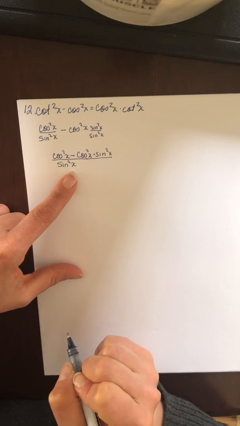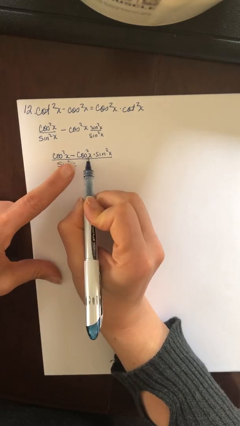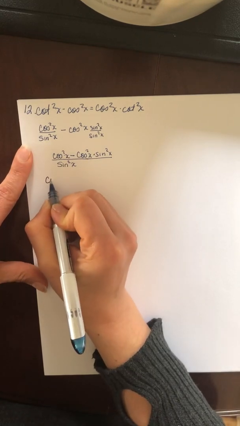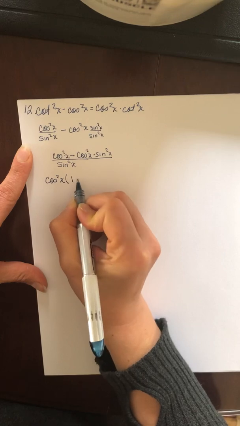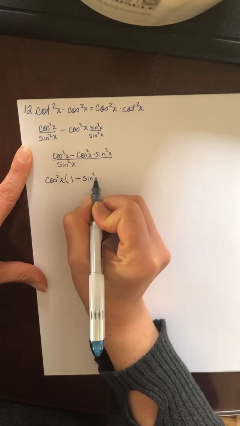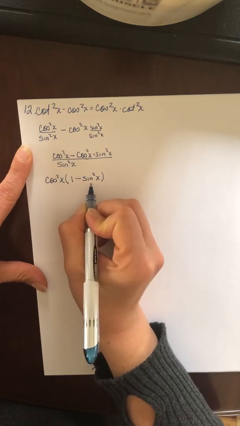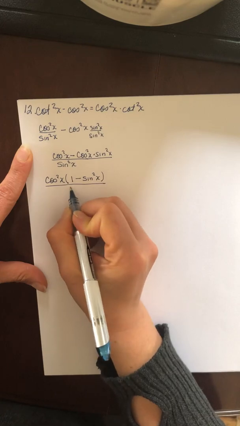Well, I need a cosine times a cotangent. I see each of these terms have a cosine in it, which makes me think, let's factor out a cosine. So I would be left with 1 minus sine squared, right? So cosine times 1 gets me cosine squared times sine squared gets me that. Okay, so all I did was I pulled out a factor of cosine squared.